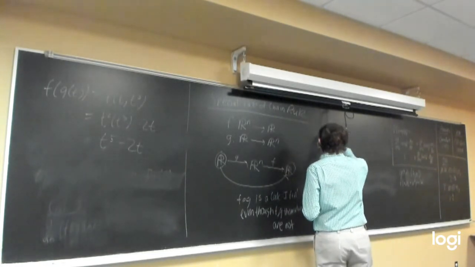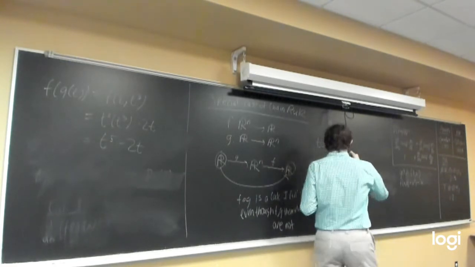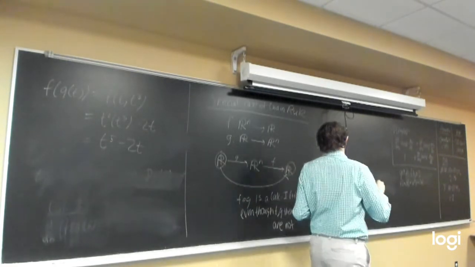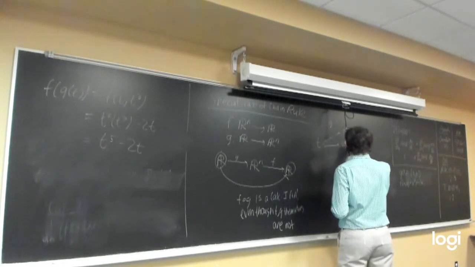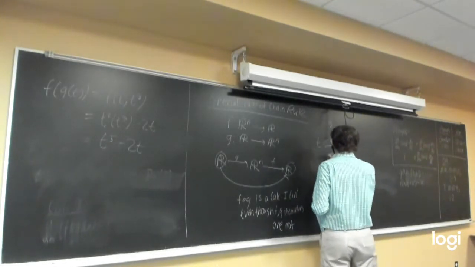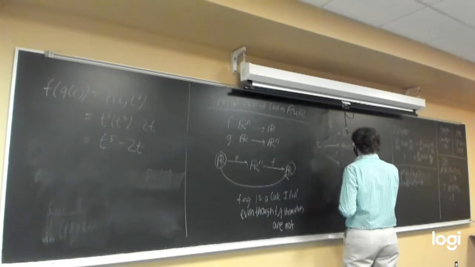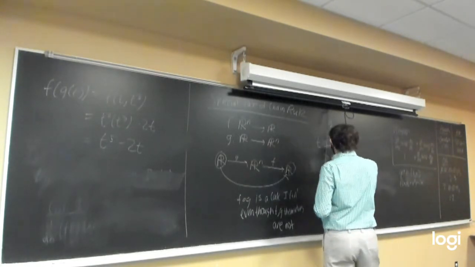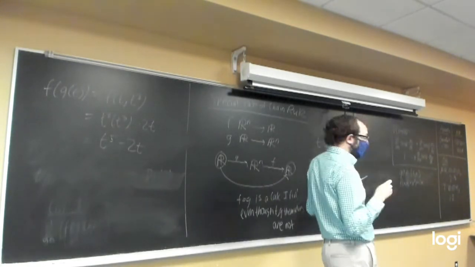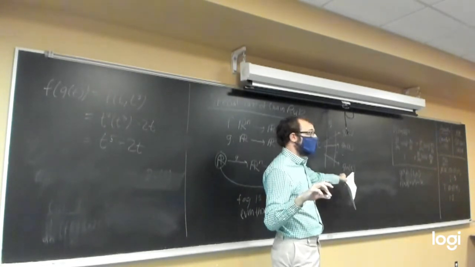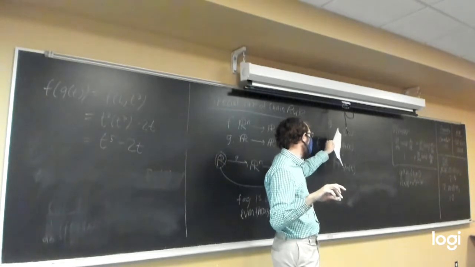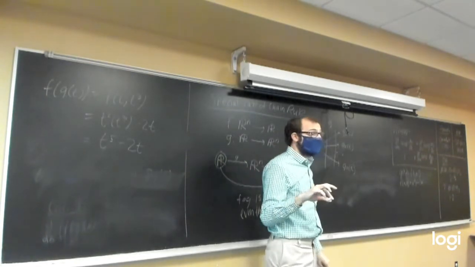The function g is going to map t to n different component functions, some g1 of t, some g2 of t, etc., down to some gn of t.